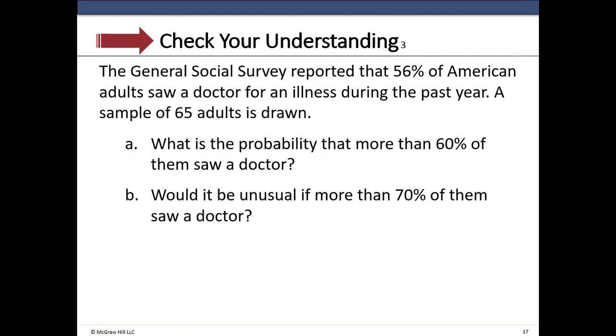So I bring the cursor down on sigma colon, and to the right, the cursor is now flashing. Okay, here I can put in the formula. So second x square gives me the square root. Inside the square root, 0.56, then multiplied by left parenthesis, 1 minus 0.56, then close the right parenthesis, divided by sample size of 65. You don't have to calculate; you just put the formula here.